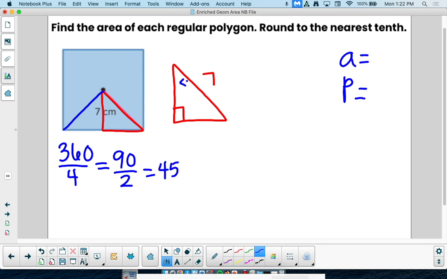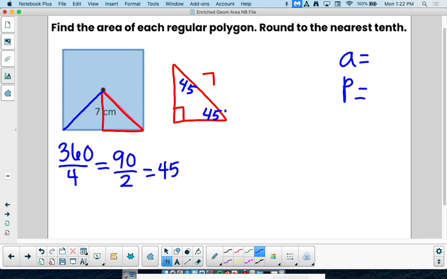So it'd be 3.5 root 2. You can leave it like that if you want, or decimals are okay too, if you just want to divide by root 2. If we kind of lost you there, this is a 45-45-90, right? If your hypotenuse is 7, how do you get x alone? How would you get x alone here? Backtrack.